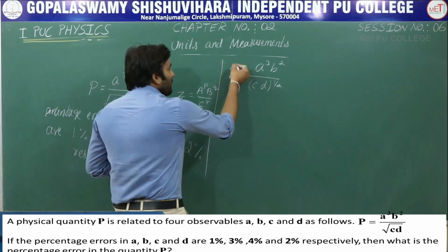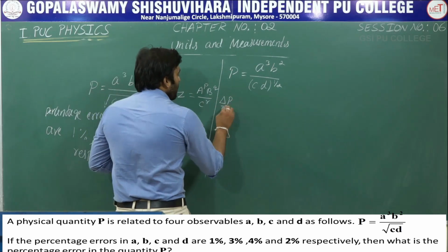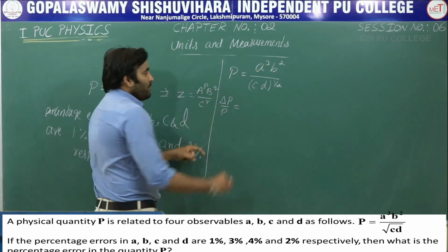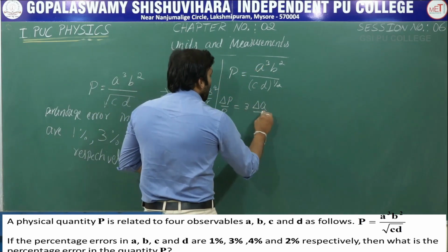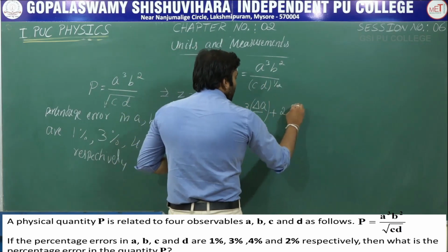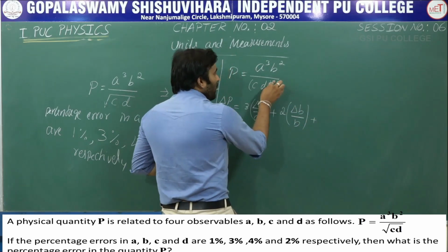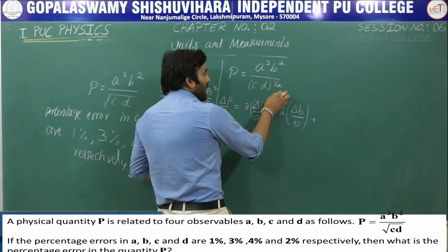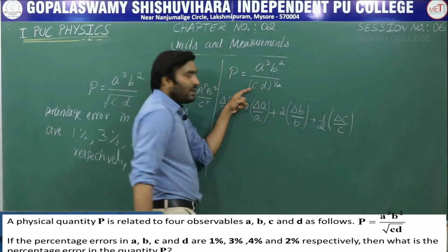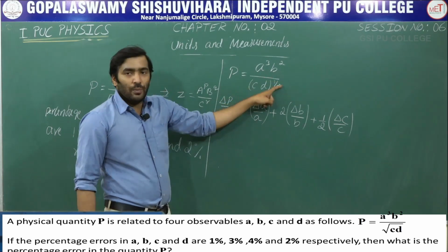So I have just rearranged the equation P. Now let us write the relative error in P first. Delta P by P is equal to power into relative error of A: 3 into delta A by A plus 2 into delta B by B plus, C power is 1 by 2 and also D power is 1 by 2, therefore half into delta C by C. You must observe this correctly.